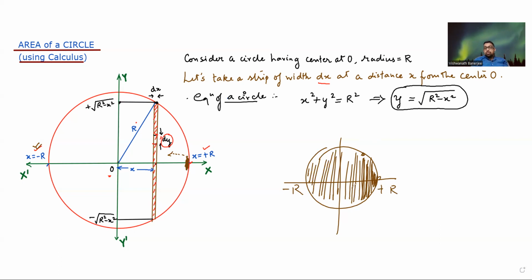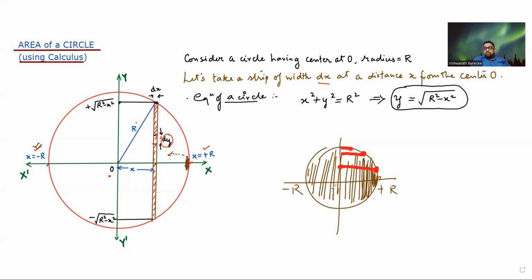And y is dependent on x, because y is continuously changing. If I consider here, y is different. If I consider here, y is different. If I consider here, y is different.